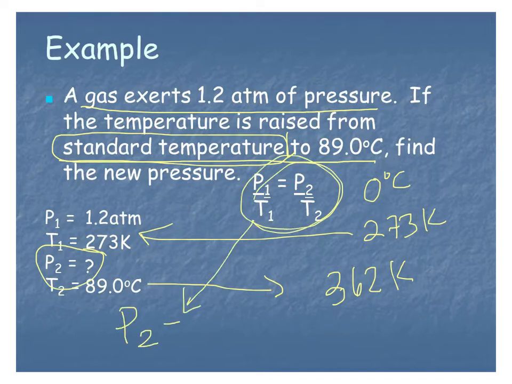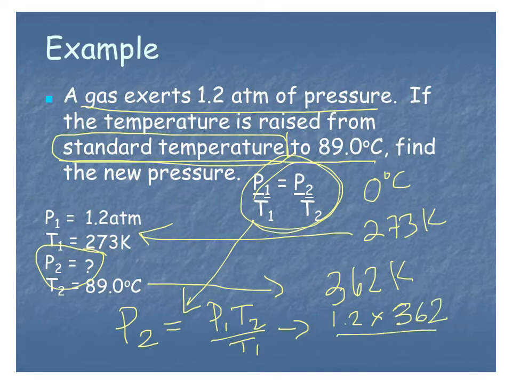We're going to rewrite it as P2 equals P1 T2 over T1. And then if we put in all the variables, we have 1.2 times our T2, which was 362, divided by 273.